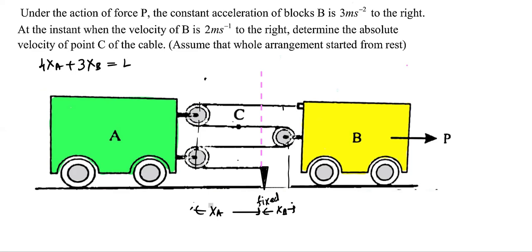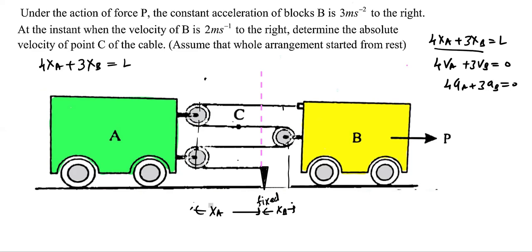Altogether, this will be 4XA, no? XA, XA, XA, XA. Agreed? Then this should be XB, XB, and XB, 3XB. So 4XA plus 3XB equals L. Differentiating, this will be 4VA plus 3VB equal to 0. Again, 4AA plus 3AB equal to 0.